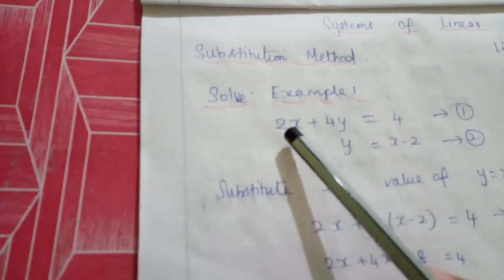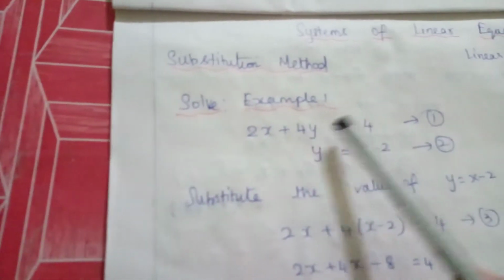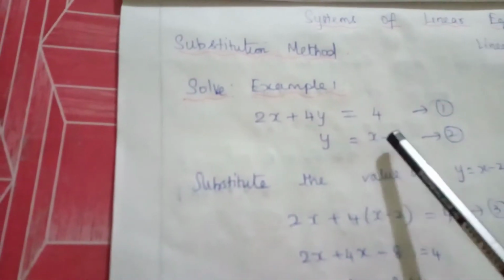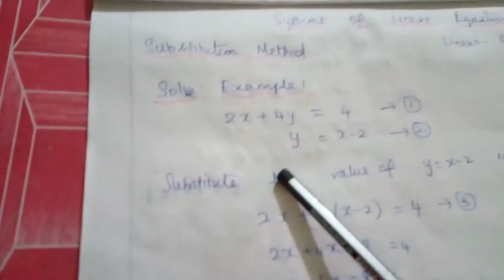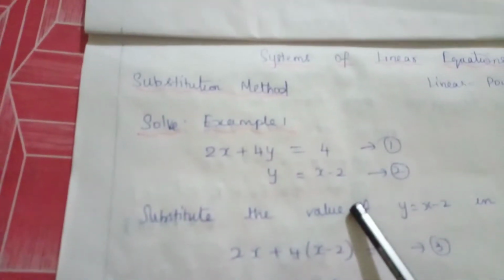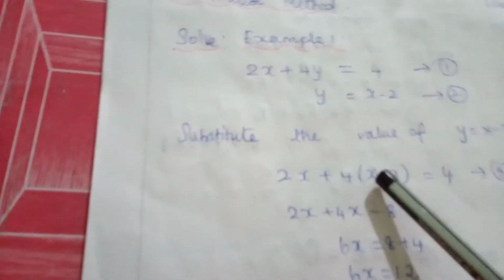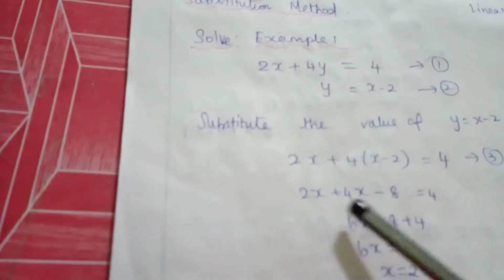The first equation is 2x plus 4y equals 4, and the second equation is y equals x minus 2. Substitute y equals x minus 2 in equation 1: 2x plus 4 into (x minus 2) equals 4.